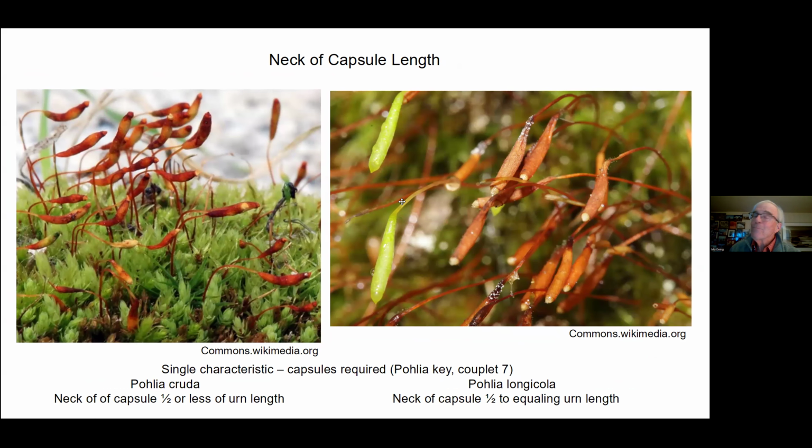Now, this is a perfect example, and I kept it for this reason, of a characteristic that isn't very apparent.